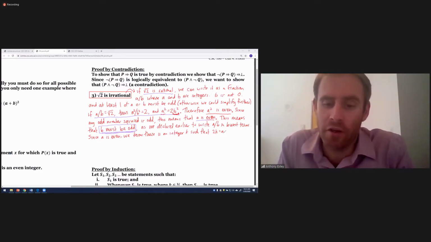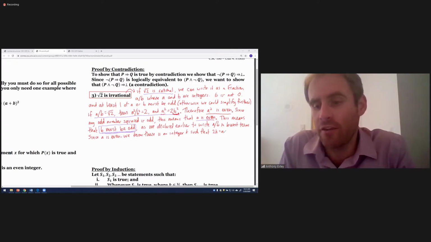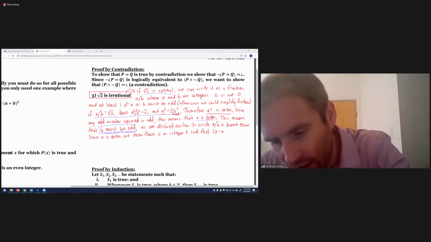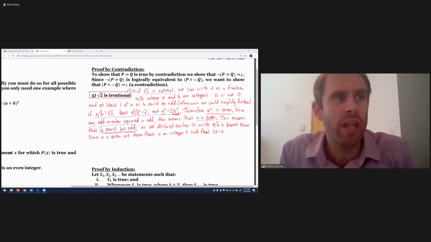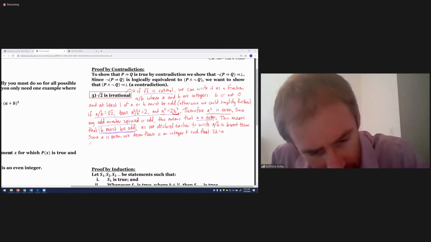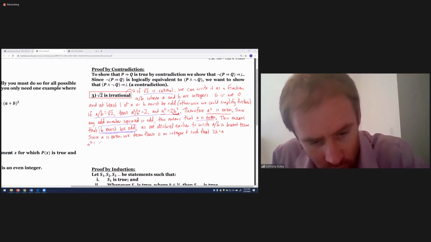Since a is even, we know that there is an integer k such that 2 times that integer equals a. So now I'm going to replace that here. If we had a squared equals 2b squared, we can write this as (2k) squared equals 2b squared.